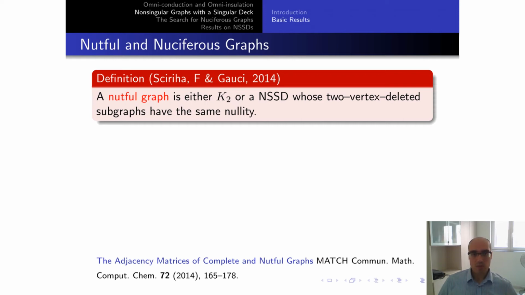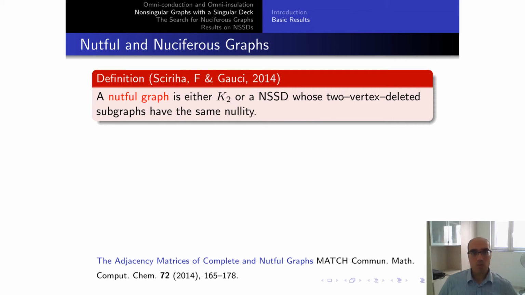Now let's think about this. So we have an NSSD whose nullity is 0. Its one vertex deleted subgraphs have nullity 1. And in this case, we have the two vertex deleted subgraphs that have nullity 0. But we have already said that in the case of a NUT graph, we have a graph whose nullity is 1 and whose vertex deleted subgraphs are of nullity 0.